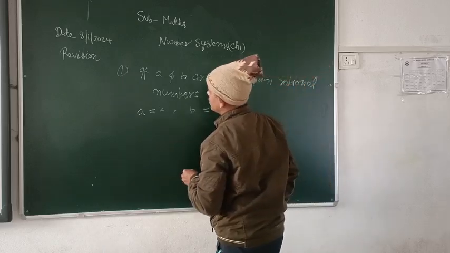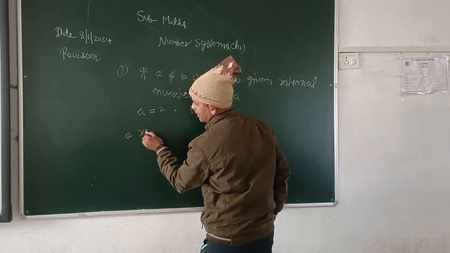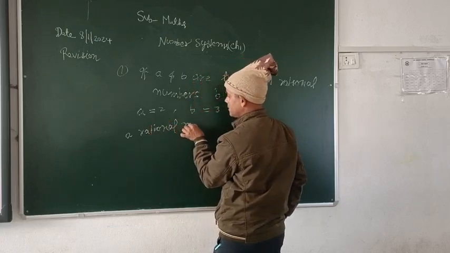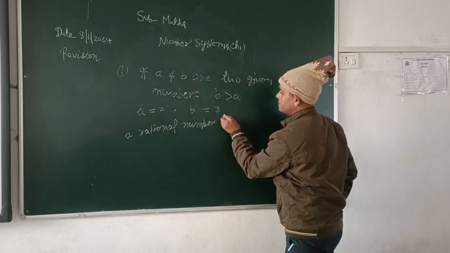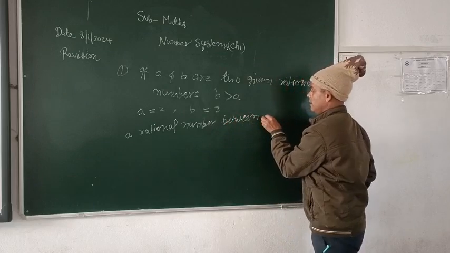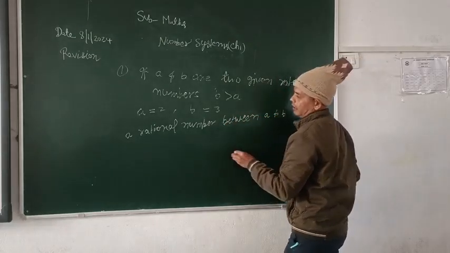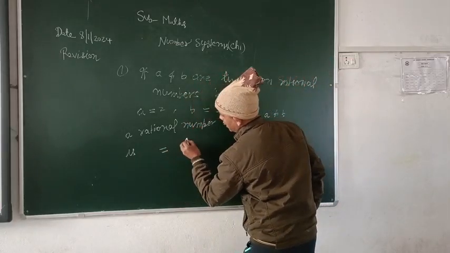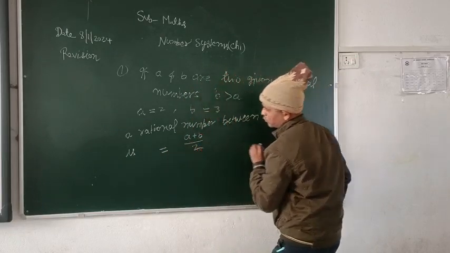So there is a rule, a rational number between A and B is equal to A plus B by 2.